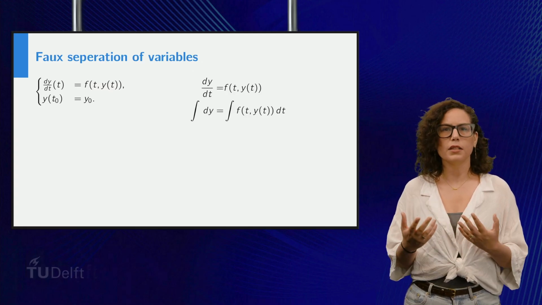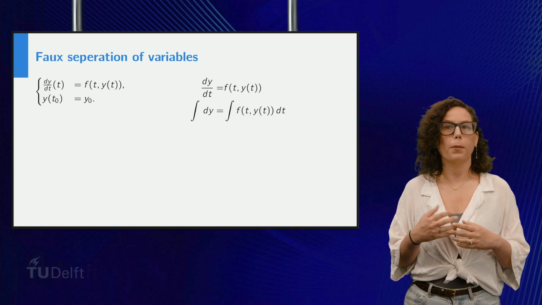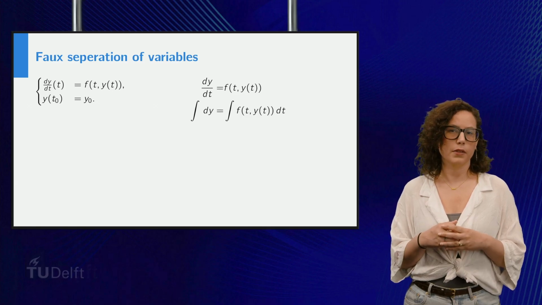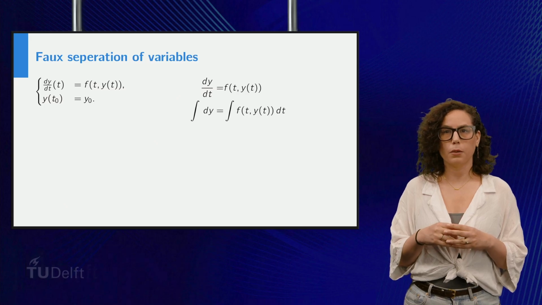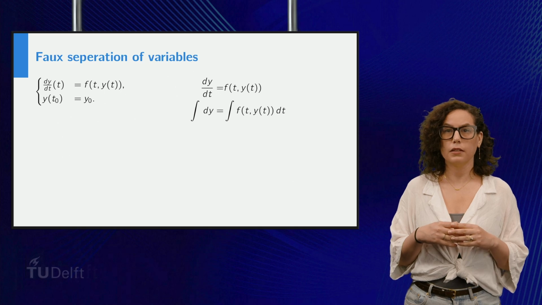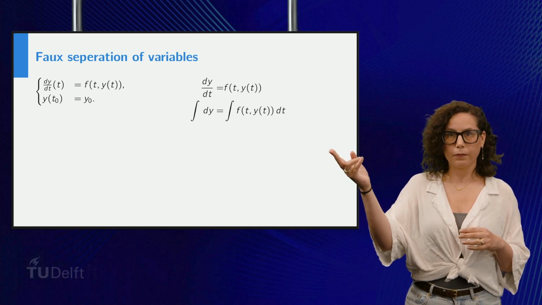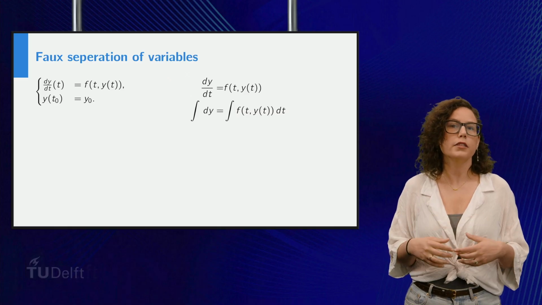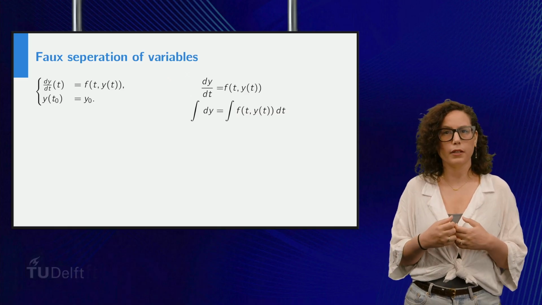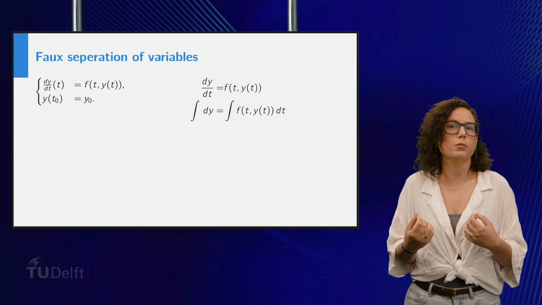This equation looks similar to what we find when applying separation of variables. However, this is not a true separation of variables. The dependent variable y is still present in the integral on the right-hand side. And since the function y of t is unknown, there is no general way to determine the antiderivative of f in terms of t.